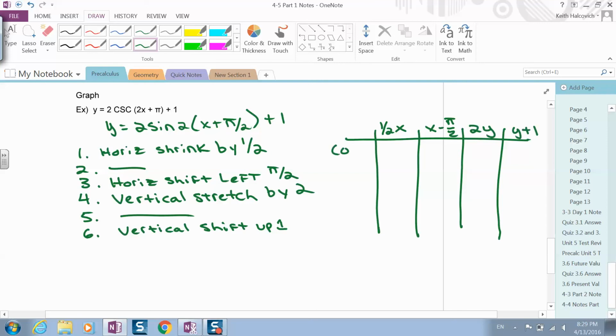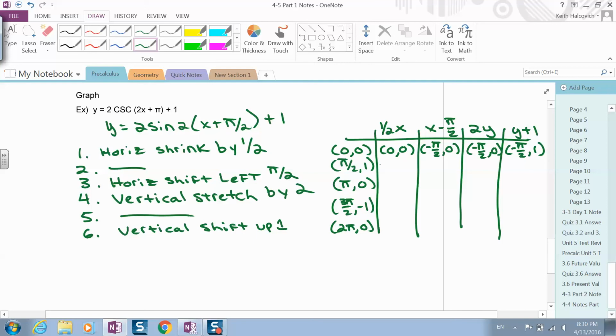Our original points for the sine are 0, 0, pi over 2 and 1, pi and 0, 3 pi over 2 and negative 1, and 2 pi and 0. So half of x is still 0, minus pi over 2 is negative pi over 2, 0. Then multiply the y by 2, still gives you 0, and then you add 1.